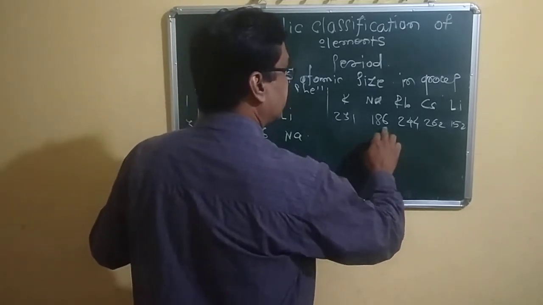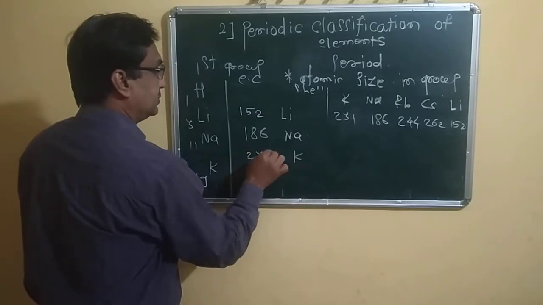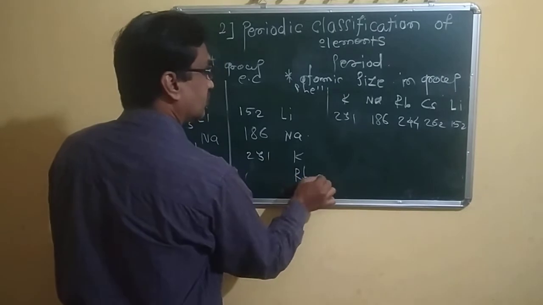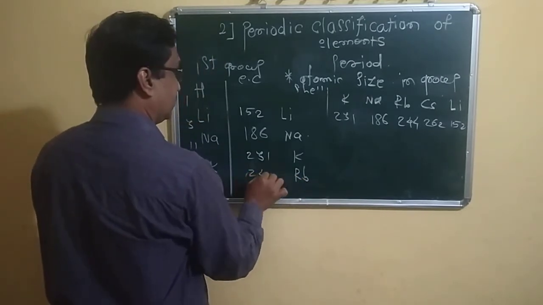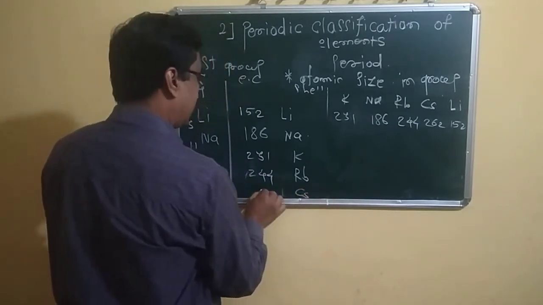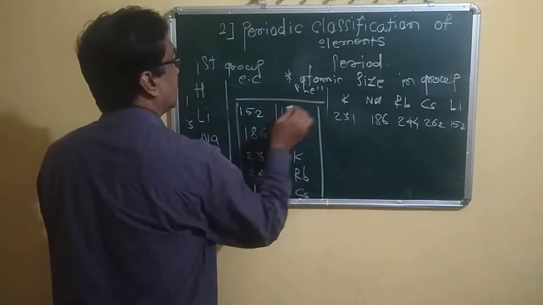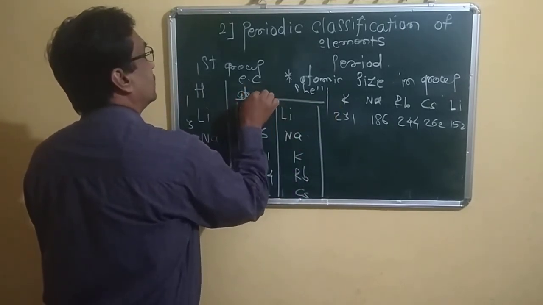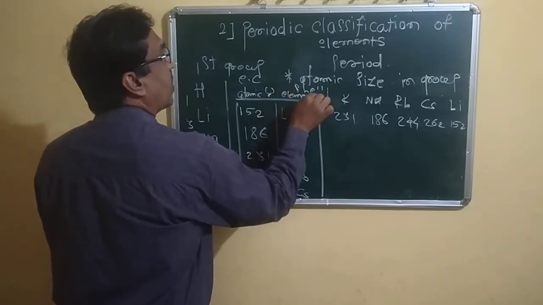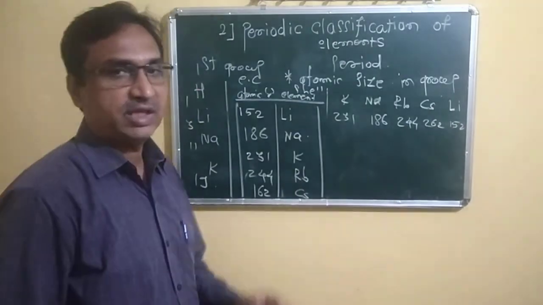After that potassium, 231. Then rubidium, 244. And after rubidium, cesium, 262. Lithium, sodium, potassium, rubidium, cesium, the same group.